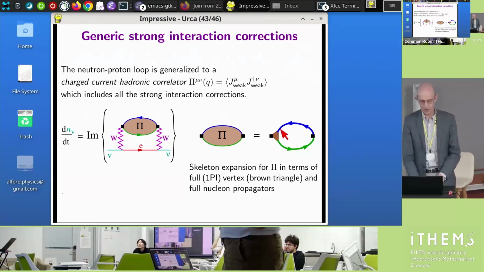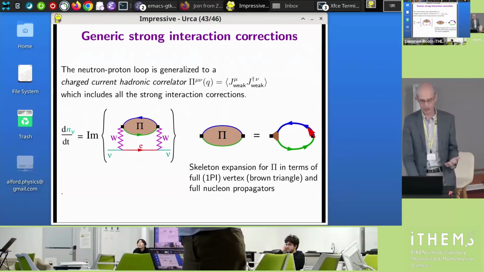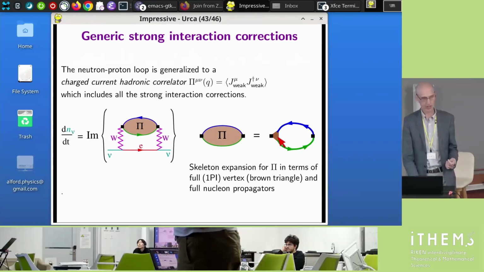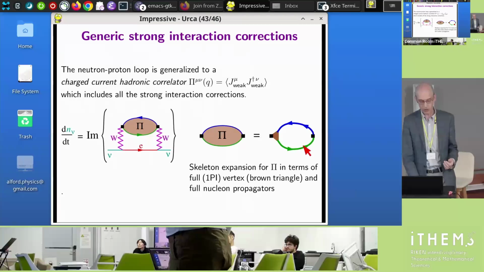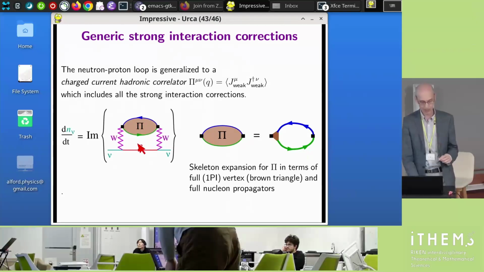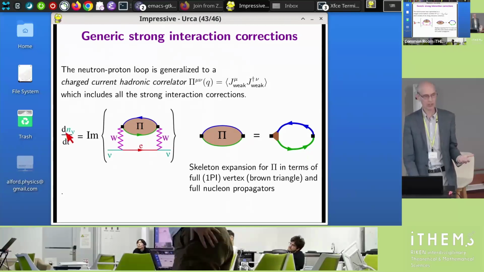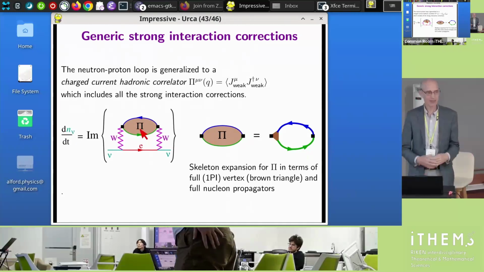But you may need to include other single particle corrections in these propagators, and you would need to include vertex corrections, right? But if you include all those things, you're basically evaluating this current correlator in the medium, and then it's just this module that you plug into this diagram, and out comes the correct answer for, in this case, the neutrino absorption rate. Okay, so that's the framework.